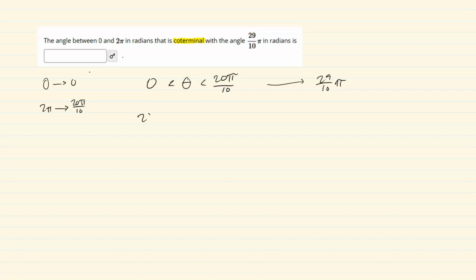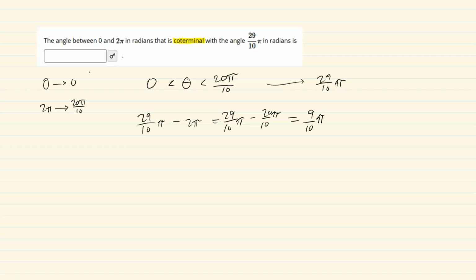So we can take 29 over 10 pi and subtract 2 pi. Or in other words, we could do 29 over 10 pi minus 20 over 10 pi, and that would be equivalent to 9 over 10 pi.